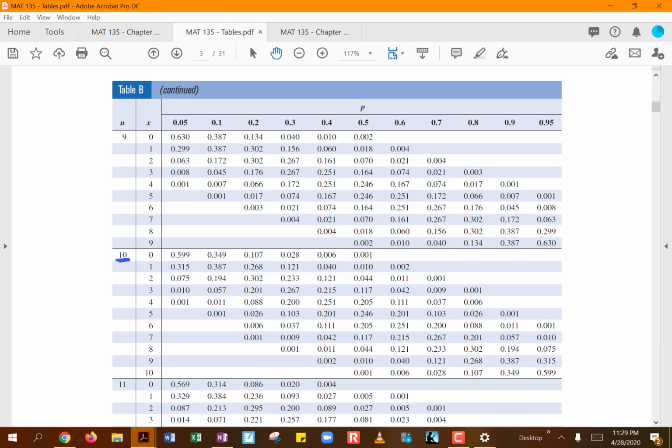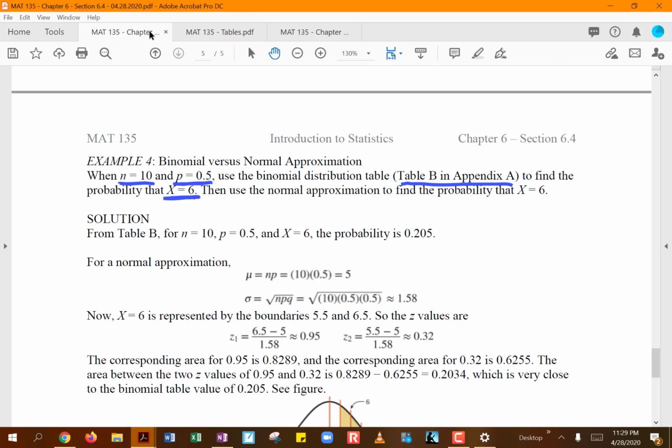So you can see these lines are going to meet at this probability of 0.205. So that's where, using that table, they're getting this probability of 0.205. Now if we do a normal approximation on these values, we want to see how close we come to 0.205.